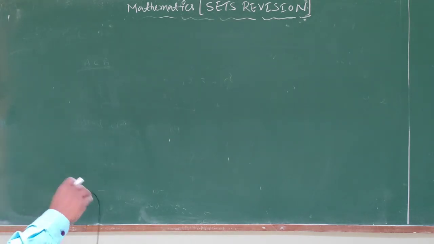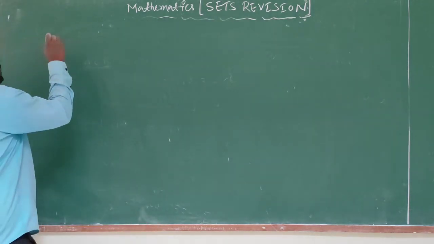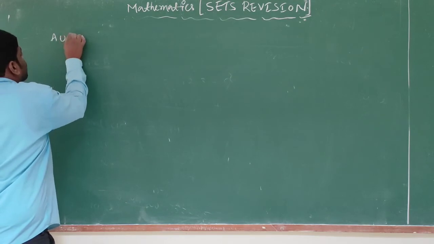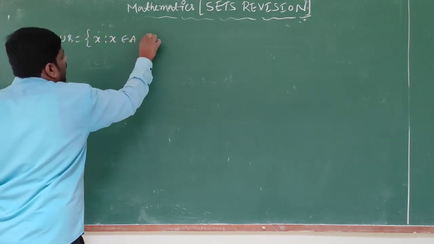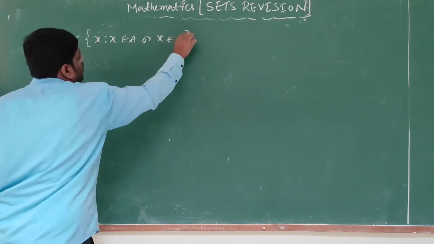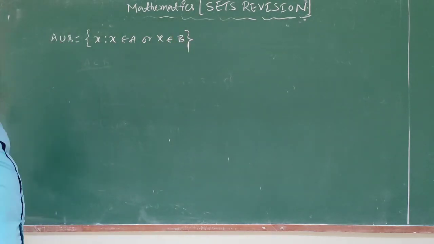See children, union of two sets means the set of all those elements: A union B is equal to the set of x such that x belongs to A or x belongs to B. So this is called union of two sets.